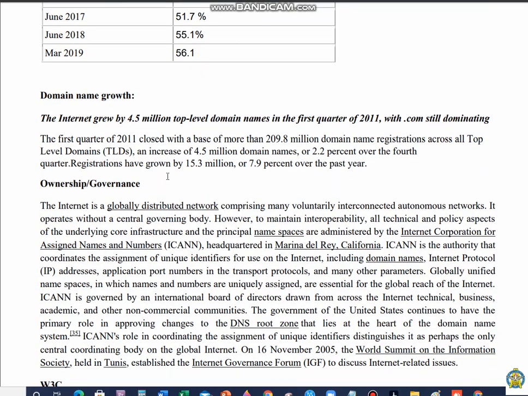Then domain growth. What's the meaning of a domain here? The internet has different types of sites or resources.